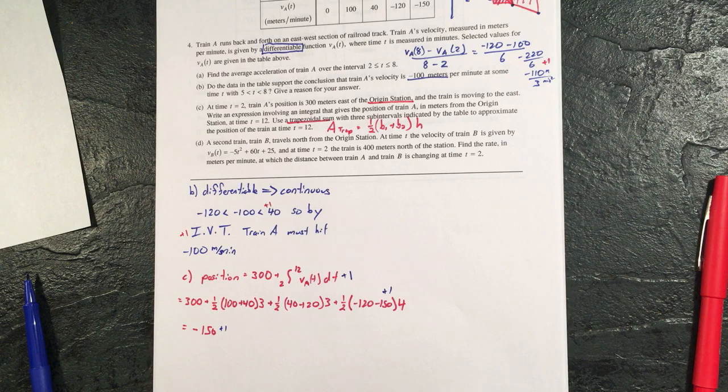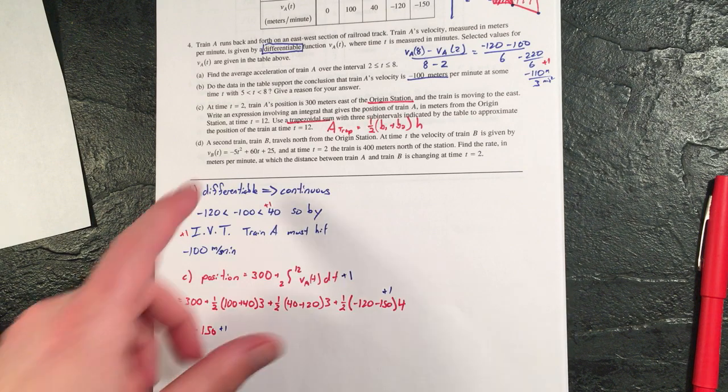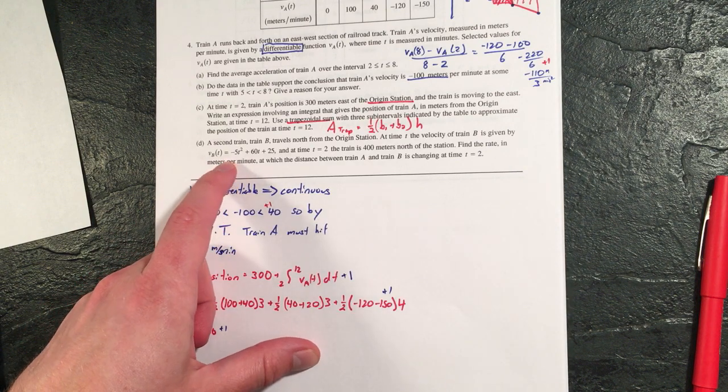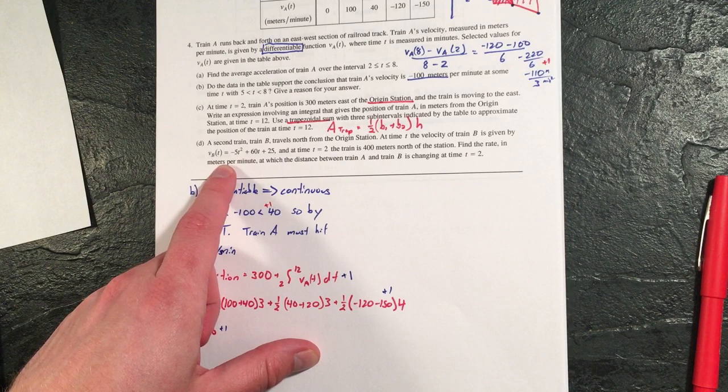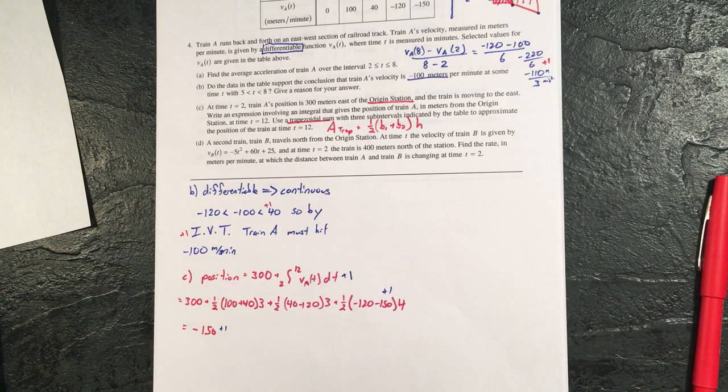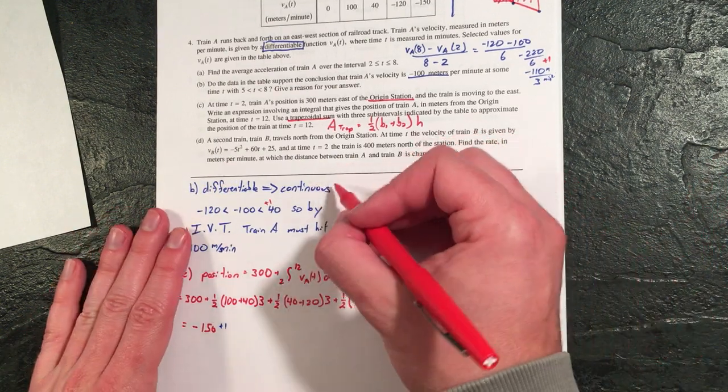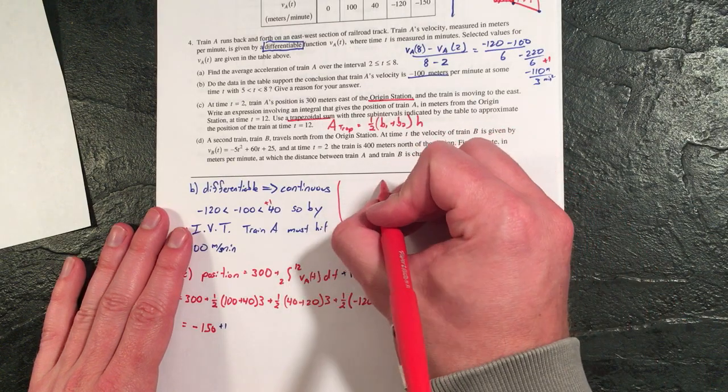Okay, and last bit. Second train is traveling north, and we have this equation. Find the rate in meters per minute at which the distance between these trains is changing, A to B. This one's nice if you're looking at a picture of it.